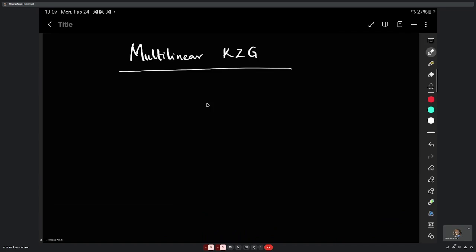So we want to reduce the size of that input to just one field element, but the verifier will still be able to verify that the circuit was actually executed correctly. So making it succinct is basically, for now, reducing the size of the inputs. Does that make sense?